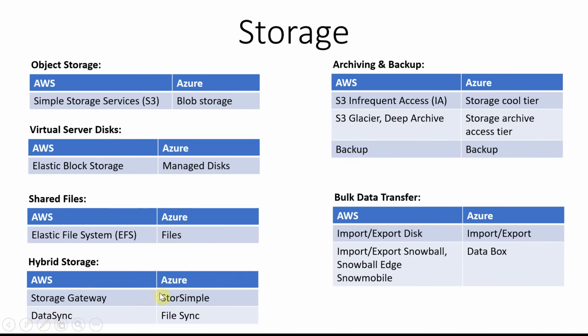That is what StorSimple is. Behind the scenes, it primarily uses blob storage. But if you're looking for file storage, then you'll use File Sync. That is the difference. On both sides, it is DataSync on the AWS side and File Sync on the Azure side.